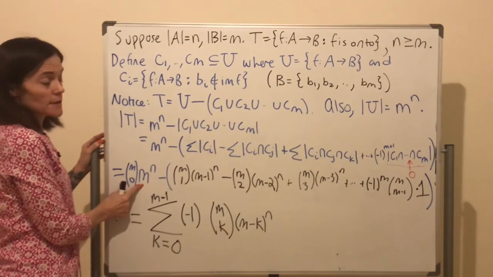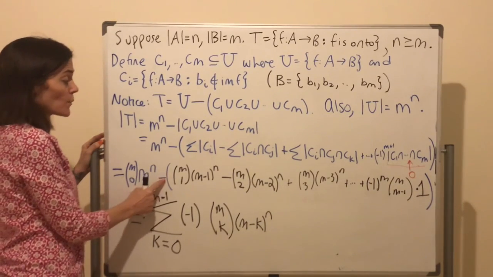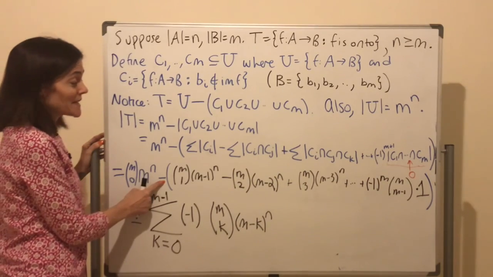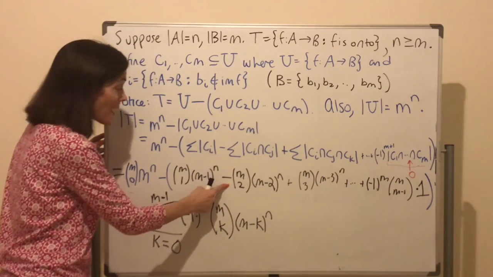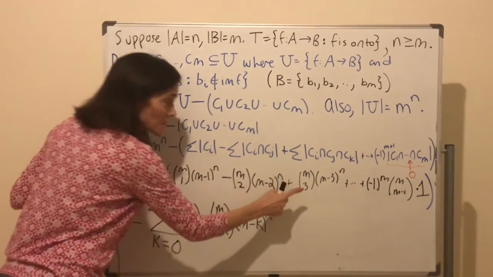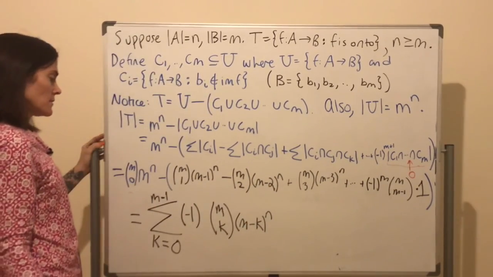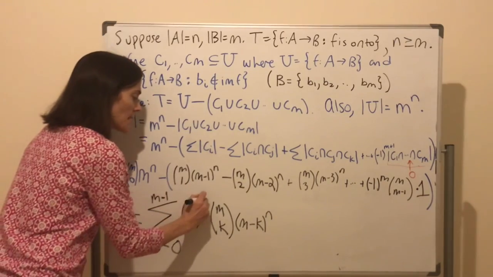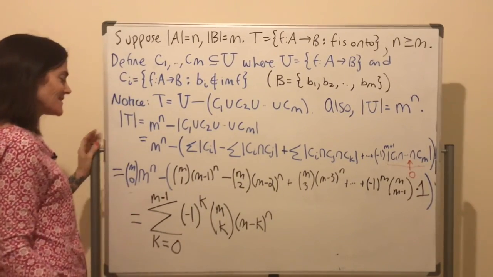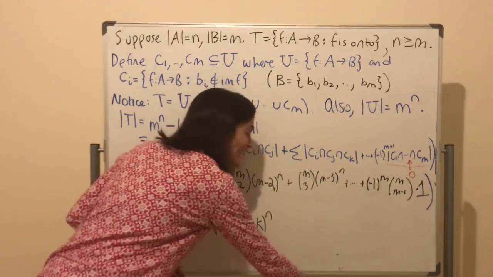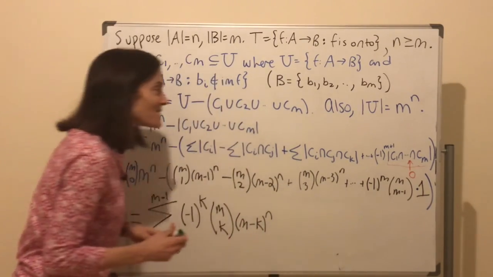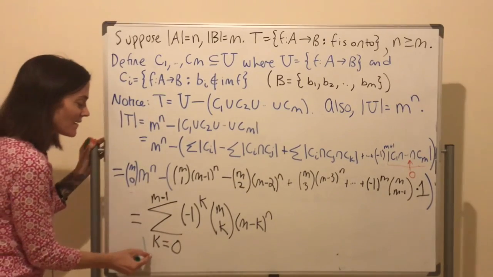When K is 0, it should be positive. When K is 1, it should be negative. Don't forget to distribute. When K is 2, it should be positive. When K is 3, it should be negative. Well, okay, this is just a minus 1 to the K, like this. So, all of this work, inclusion, exclusion, which was a lot of fun. We all get to hear.